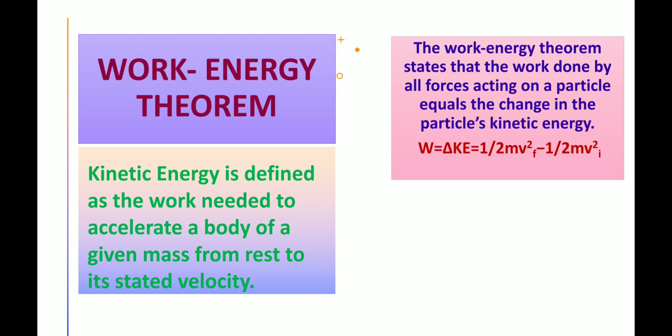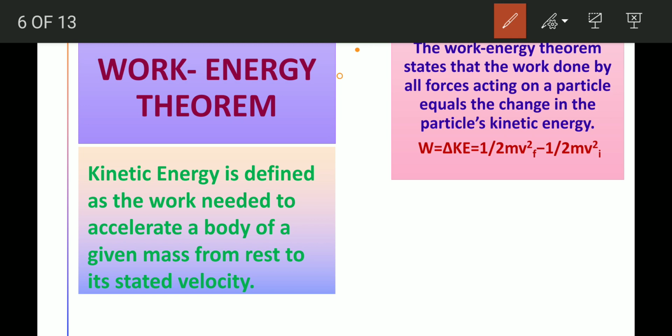And this increase in kinetic energy is actually the work done on the body, and the expression for the work done is given in this way, where W is equal to the change in kinetic energy, which is equal to half m Vf square minus half m Vi square, where Vf is the final velocity and Vi is the initial velocity.